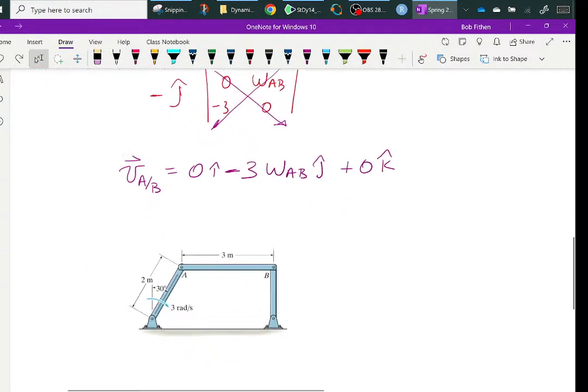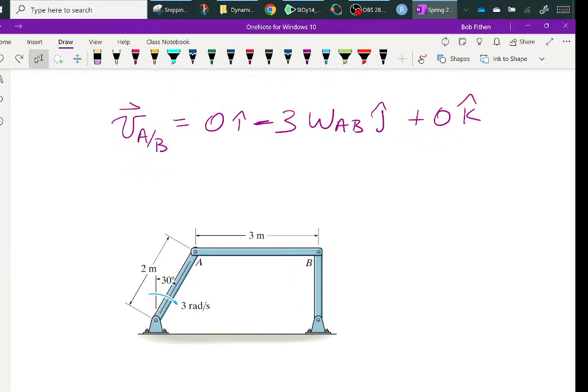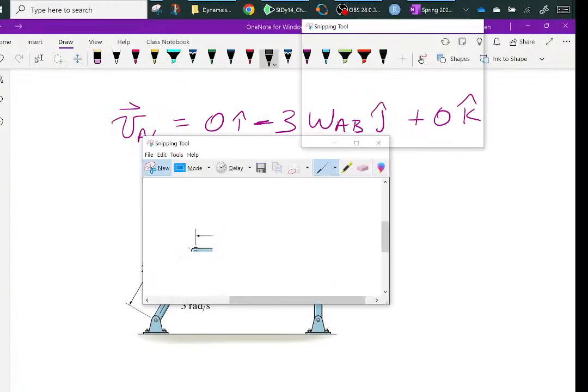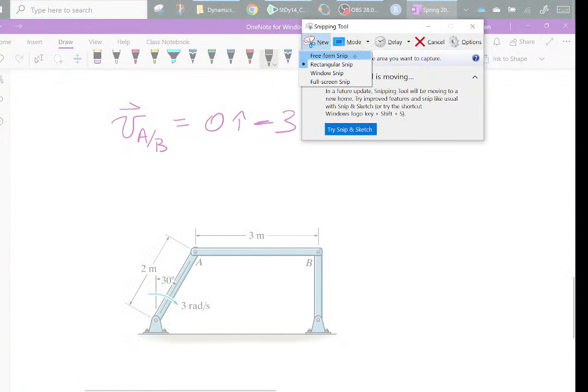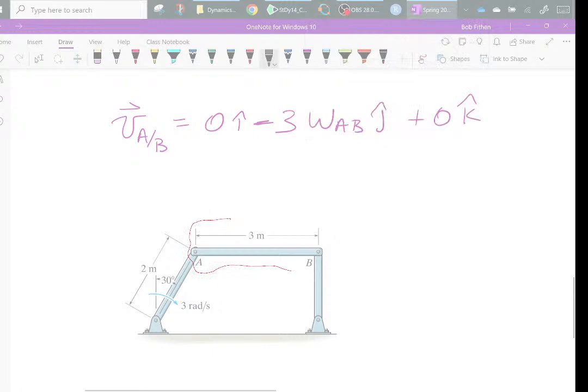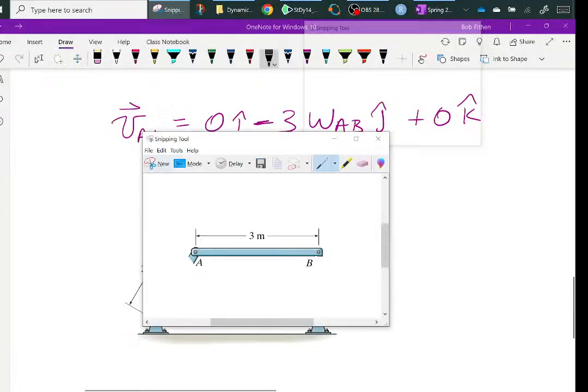Now let's look at this and figure out what this means and how we can interpret this. So this is as if you were on B. So in other words, here, let's do it this way. We're going to take a snippet of, oh, that's right, new. This time I'm going to do the freeform. Okay. So here's what I'm taking. So I'm going to take that.